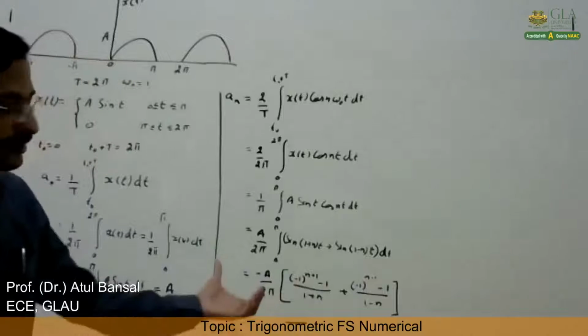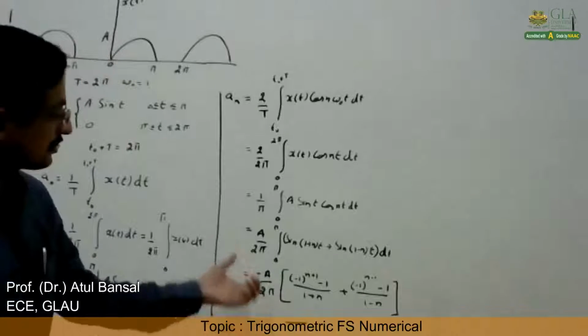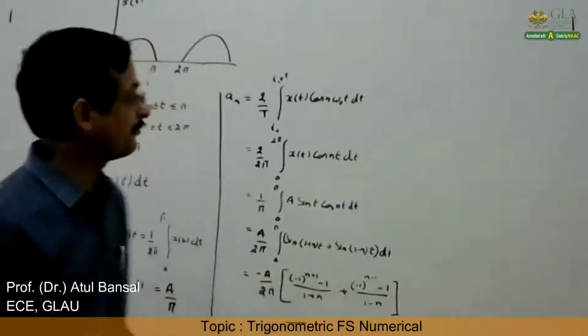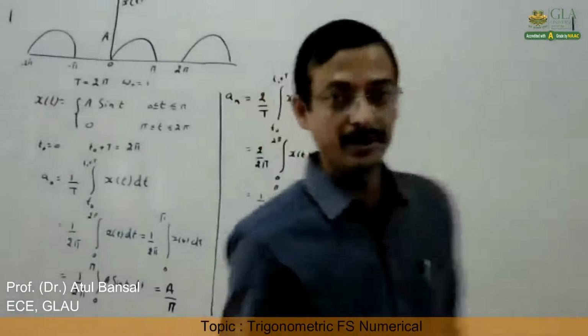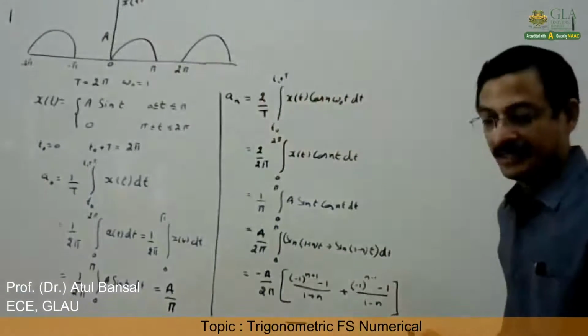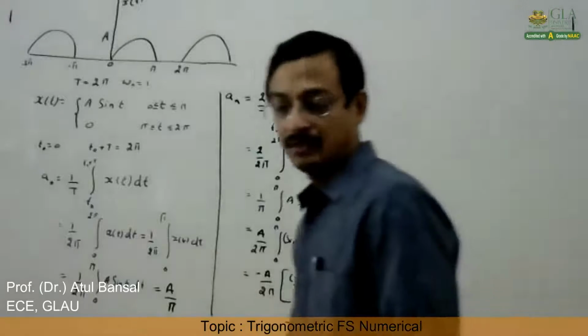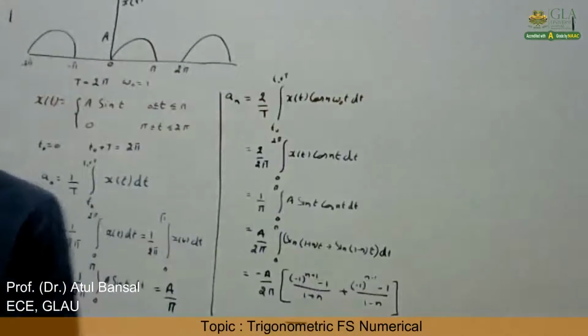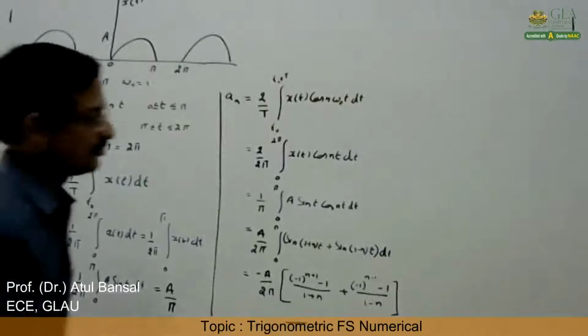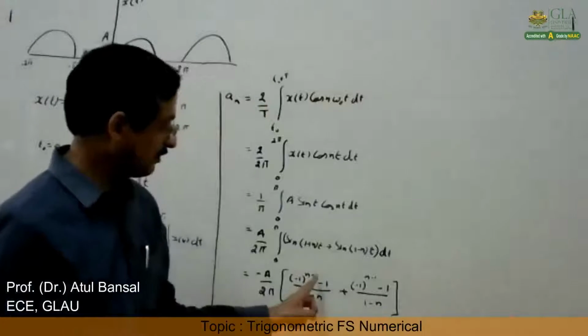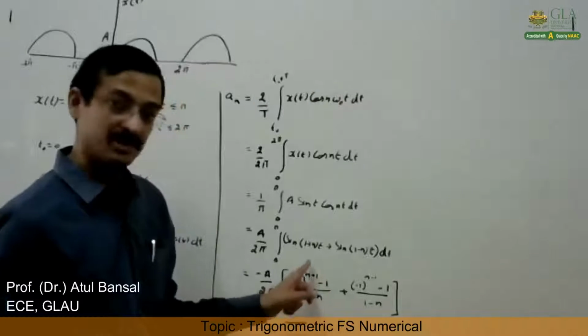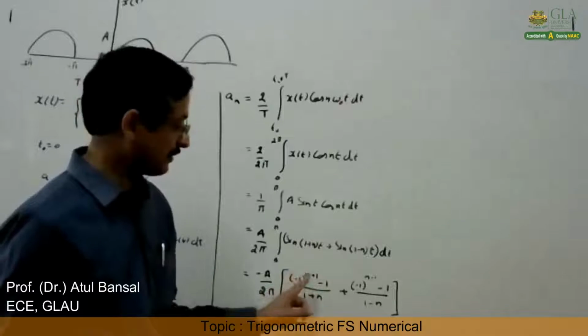Now further we can simplify this answer. This answer looks quite complicated, but if you look at it carefully, when n is odd, this an will turn out to be 0, because odd plus 1 will become even, minus 1 raised to power even would be 1, 1 minus 1, 0.